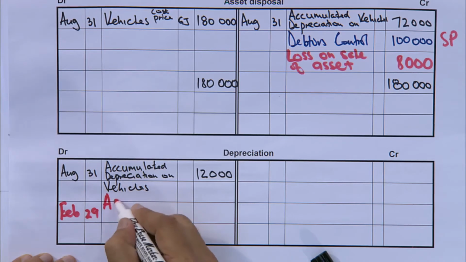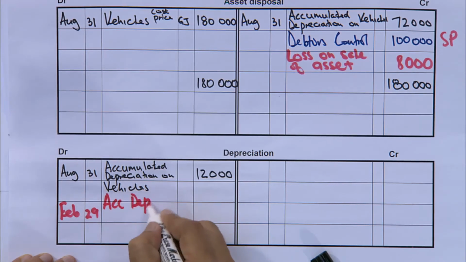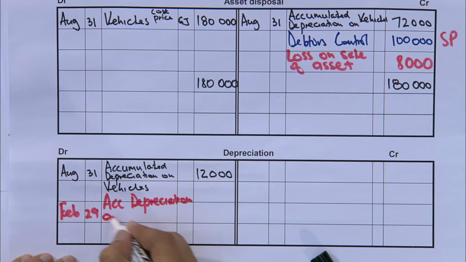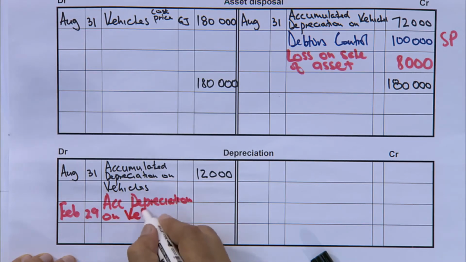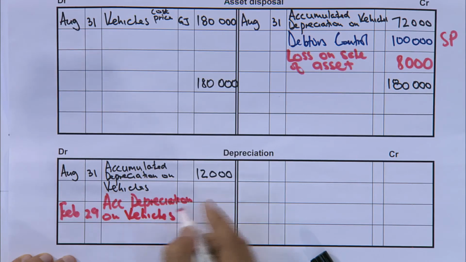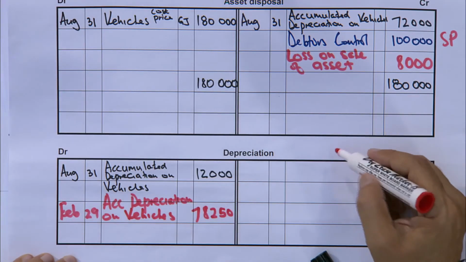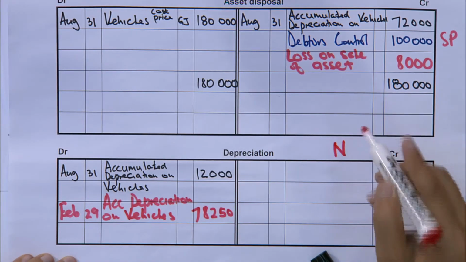It's going to be accumulated depreciation on vehicles. That was 78,250.